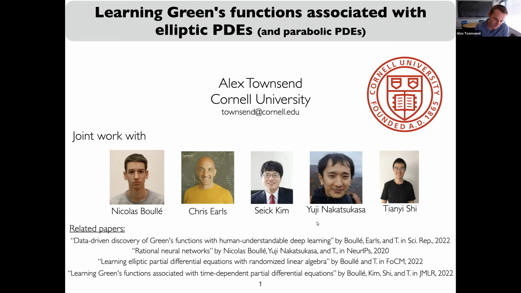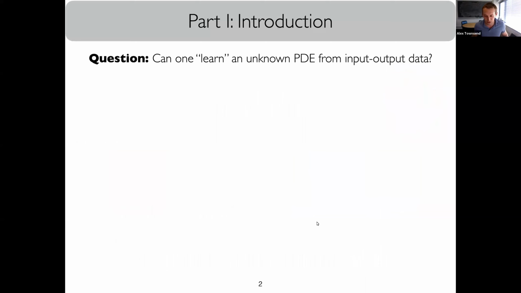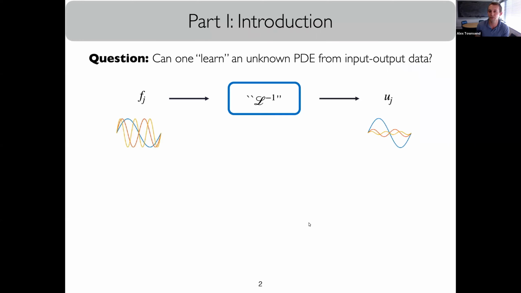So the question that the field of PDE learning is trying to ask is, can you learn an unknown partial differential equation from input-output data? Imagine that there's an underlying partial differential equation. You get to force the system. These are the FJs.